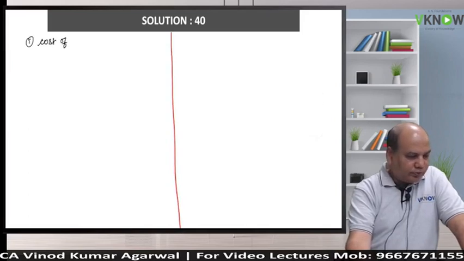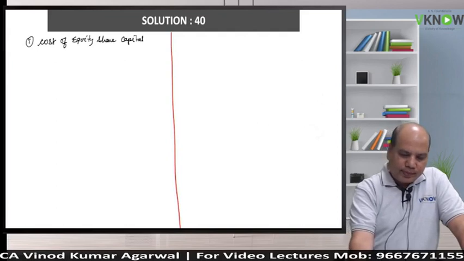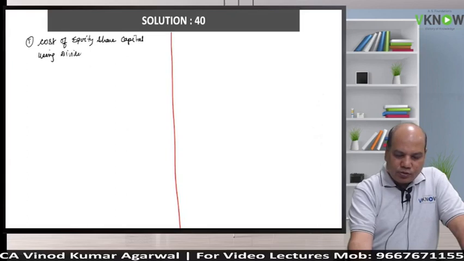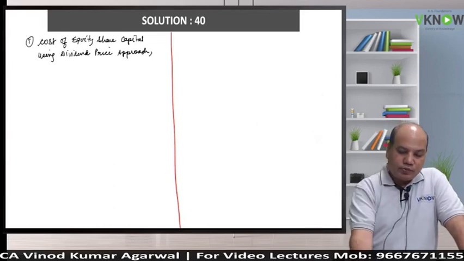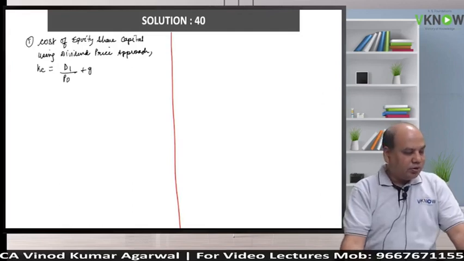cost of equity share capital. So which approach we will use? Dividend price approach, because data is given for dividend price approach. Cost of equity equals D1 by P0 plus g.